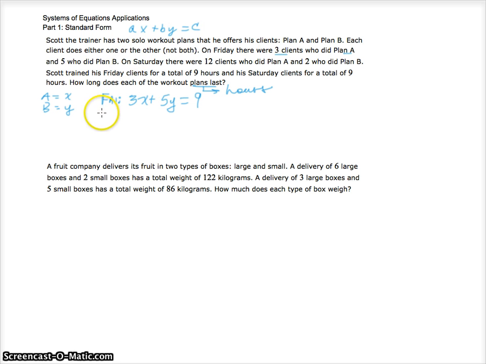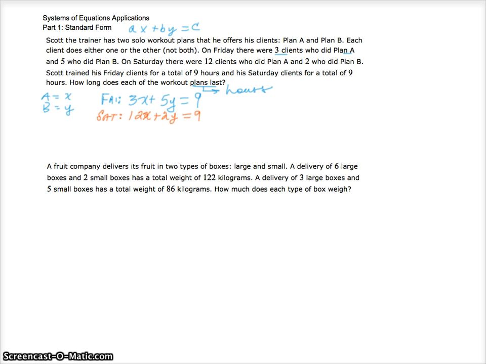We also know that on Saturday, he had 12 clients who did Plan A, so we have 12x, plus 2 who did Plan B, so plus 2y equals 9.